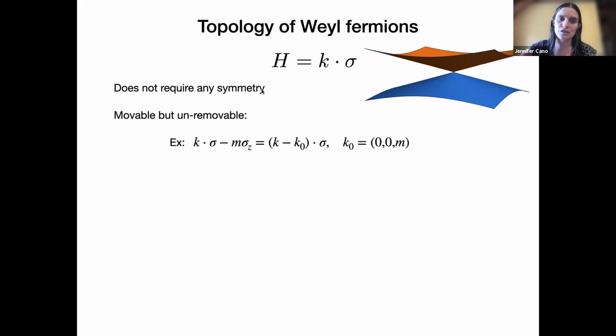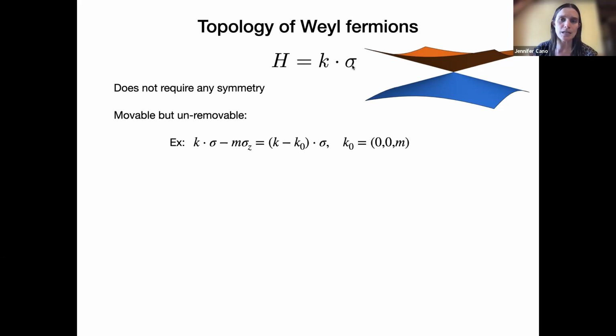A different way to understand why Weyl fermions don't require any symmetry protection is that in a three-dimensional system, we have our Hamiltonian in momentum space as a function of three momenta, kx, ky, kz. And since we're expanding in a basis of Pauli matrices, we have three Pauli matrices, sigma x, sigma y, sigma z.